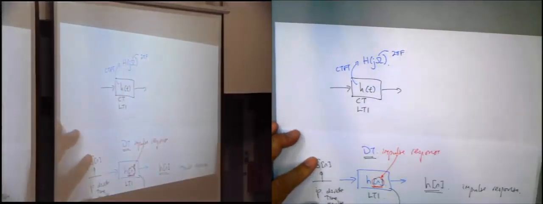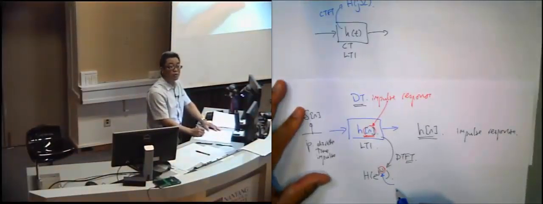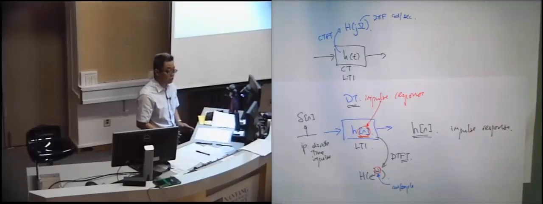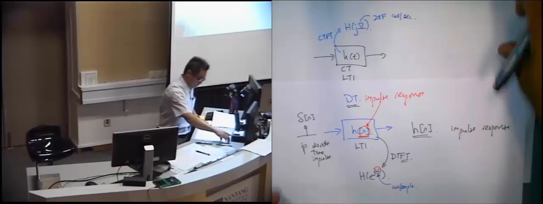When we are playing with continuous time, the omega is capital, and here we implicitly understand it as 2 pi big F, radian per second. Here, the small omega is small w, and the unit is radian per sample. By comparing these two, we are not confused whether we are in discrete time or continuous time.